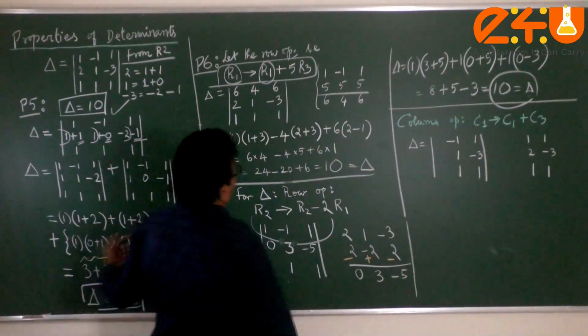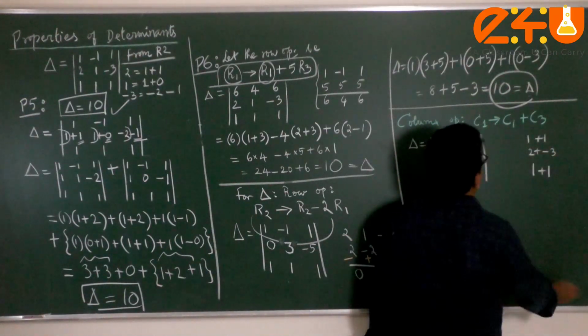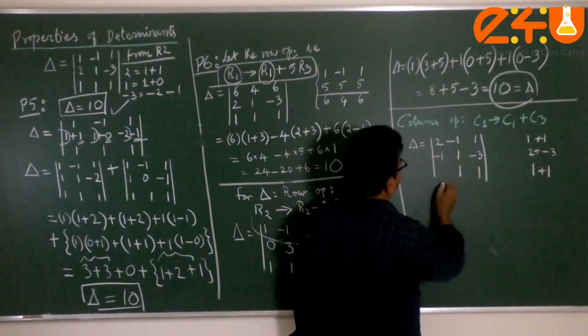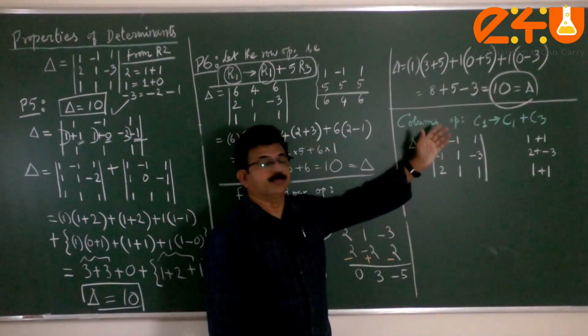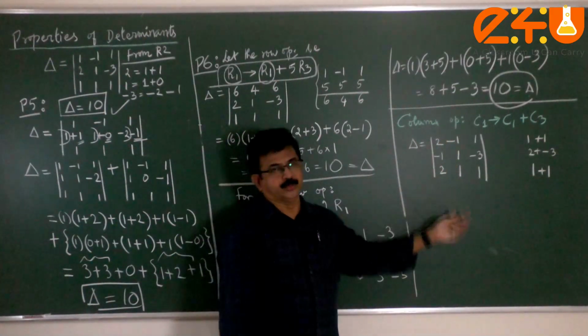We are going to add: 1 plus 1, 2 minus 3, 1 plus 1. So column 1 has changed. It becomes 2, minus 1 and 2.